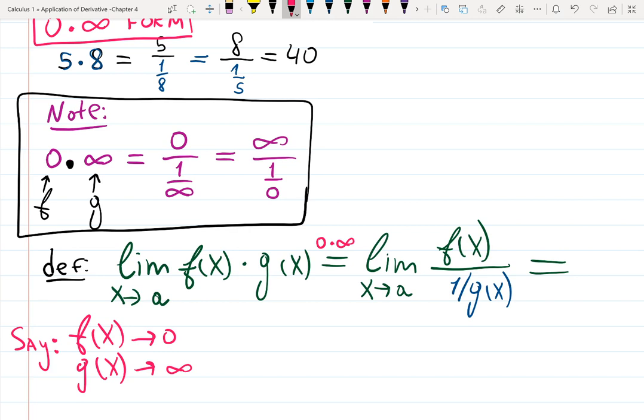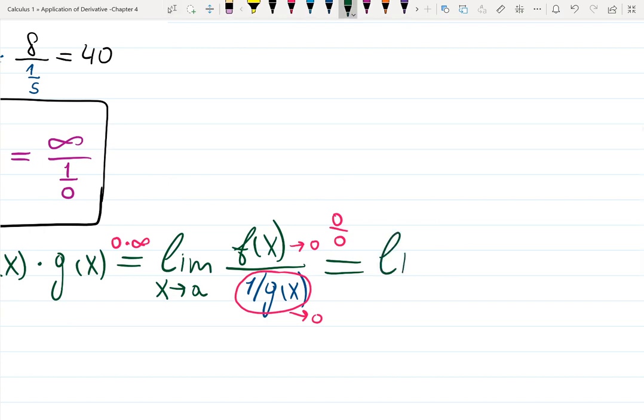Then, in this case, f of x still goes to 0, g of x still goes to infinity, but 1 over g of x now goes to 0, right? Because if the denominator explodes to infinity, 1 over infinity is 0. So now this is a 0 over 0 case.